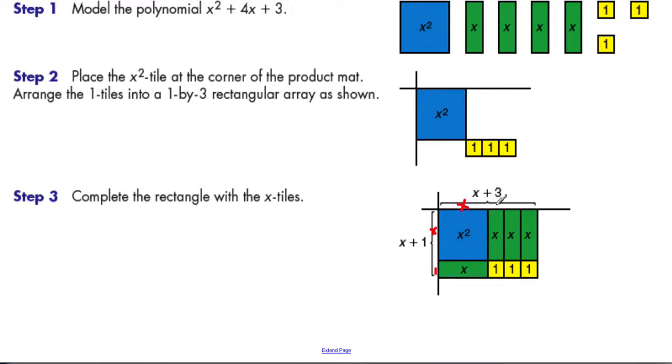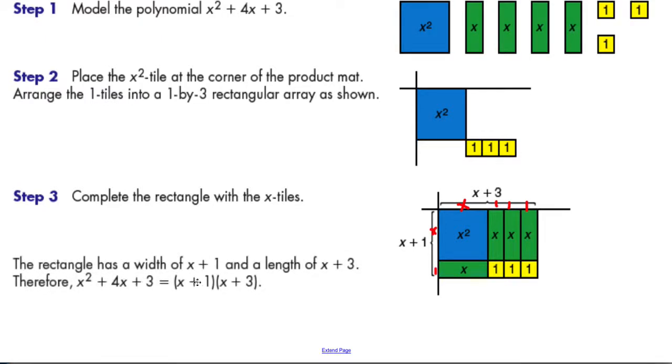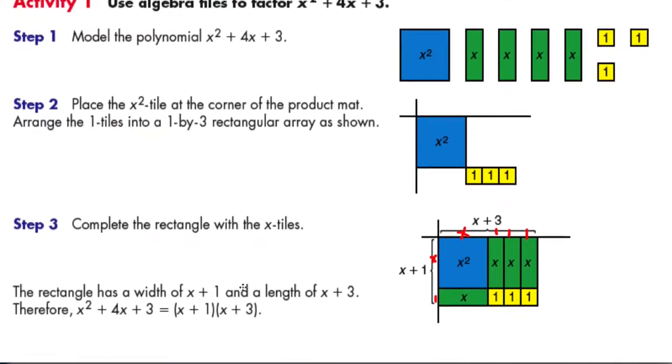This is x, and these are your 1 units, so it's x plus 3. So this rectangle has a width of x plus 1 and a length of x plus 3. Therefore, x squared plus 4x plus 3 is equal to the quantity x plus 1 times the quantity x plus 3. If you want to check if your answer makes sense, all you need to do is simply use the FOIL method.